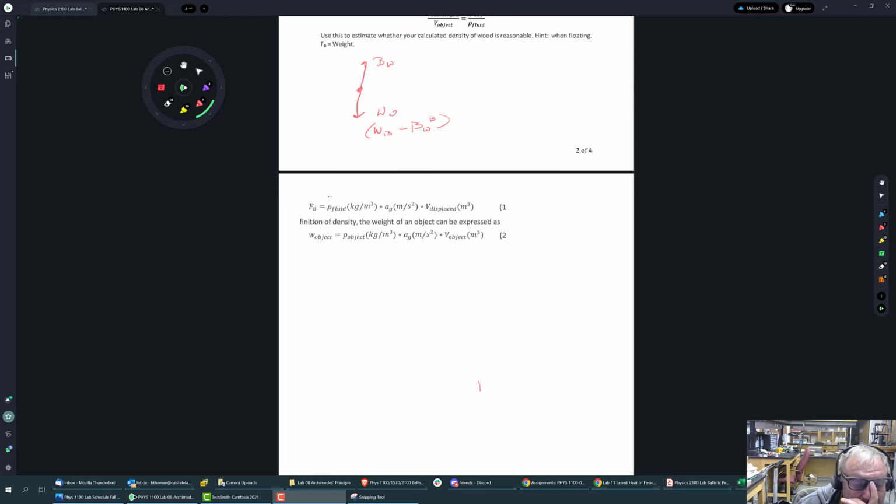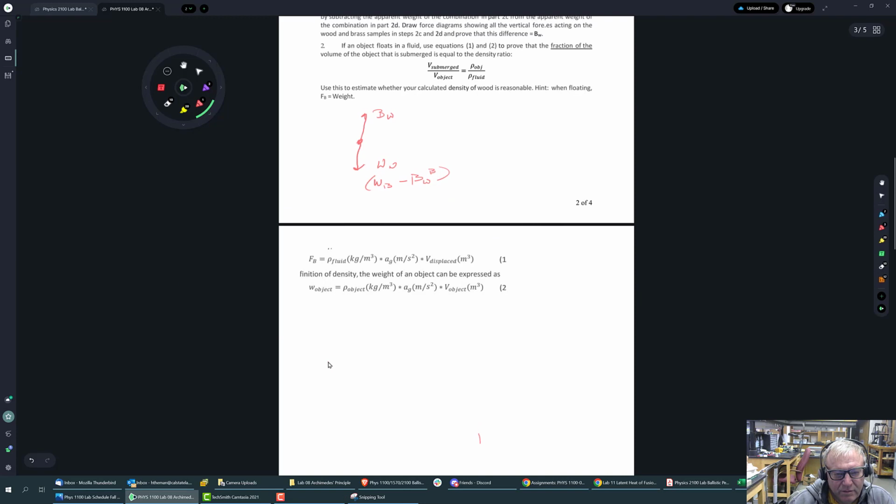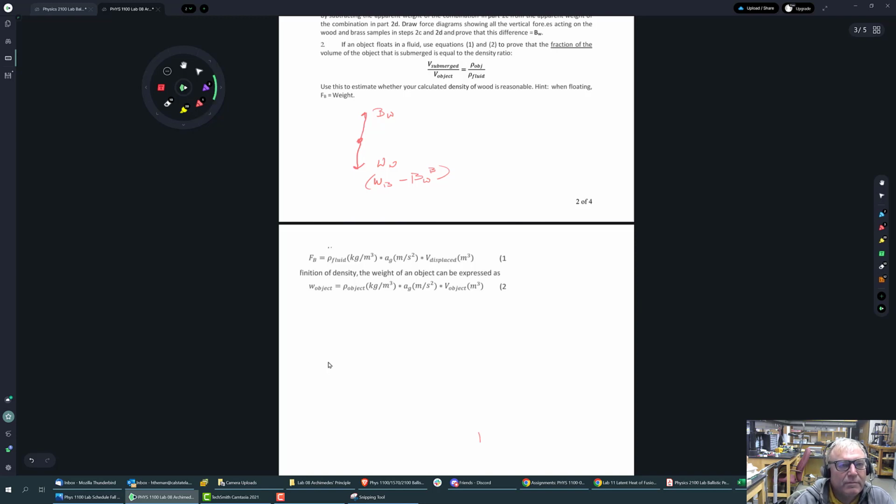Alright, I got objects 1 and 2, and we want to create something that looks like, scroll this down a little bit, rho of the object divided by rho of the fluid.